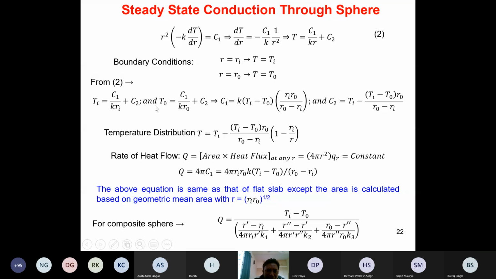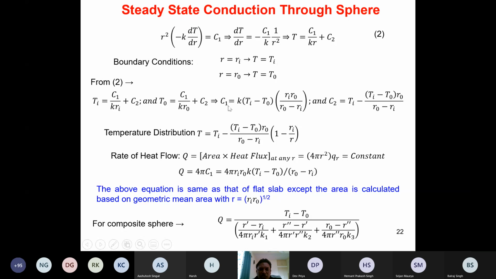And if we subtract the second equation from the first, what we are going to get is C1. So C1 is obtained as K (Ti minus T0) Ri R0 divided by (R0 minus Ri). Just check whether this is correct.